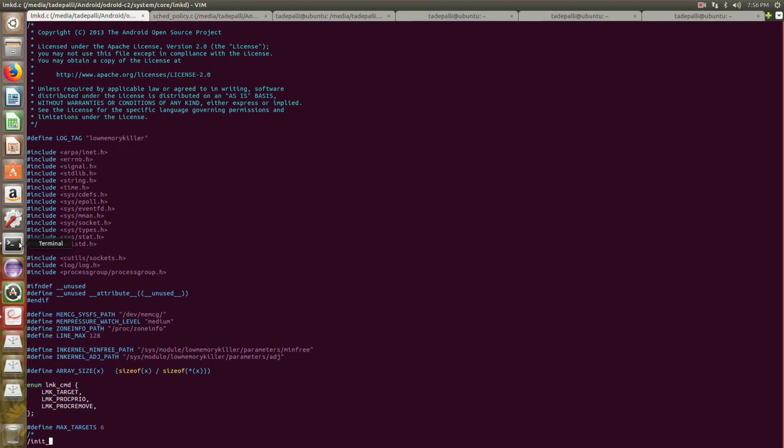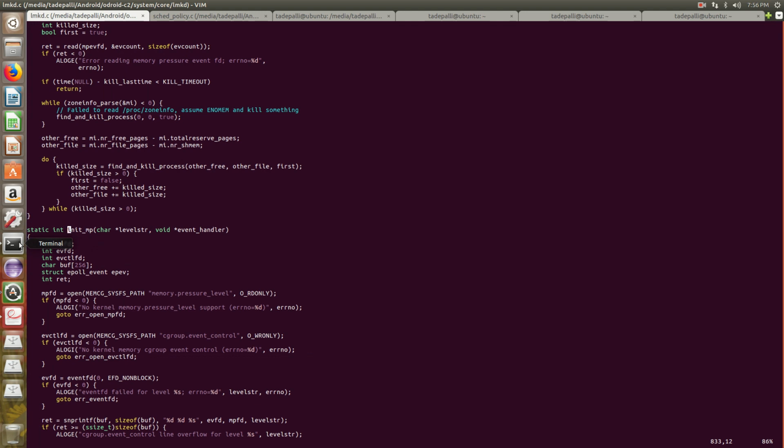The major function that starts this configuration is init_mp, wherein you have the sysfs cgroup path where it is mounted, and the memory pressure level is opened. You have another cgroup event control file, which is where you write the event FD and the pressure level, based on which the event is triggered.